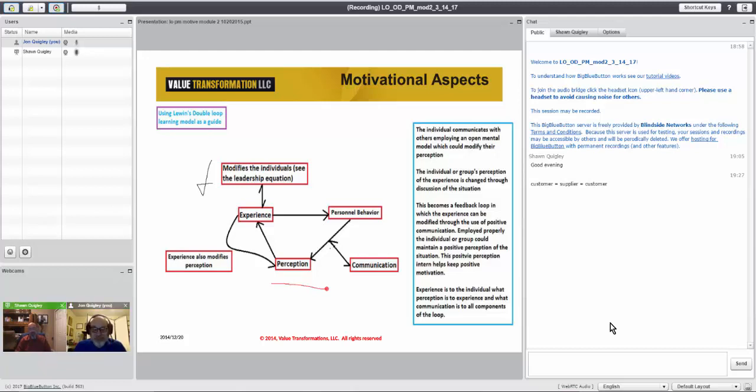So between personal behavior and perception, the killer of all good things, or the yielder of great things, is communication. We already talked about the barriers to effective communication, and that comes into play with your perception. If you cannot communicate effectively because the group size is too large, or you're not a good communicator with emails or drawings or whatever platform you're using, you get a different response back from the people you're expecting.